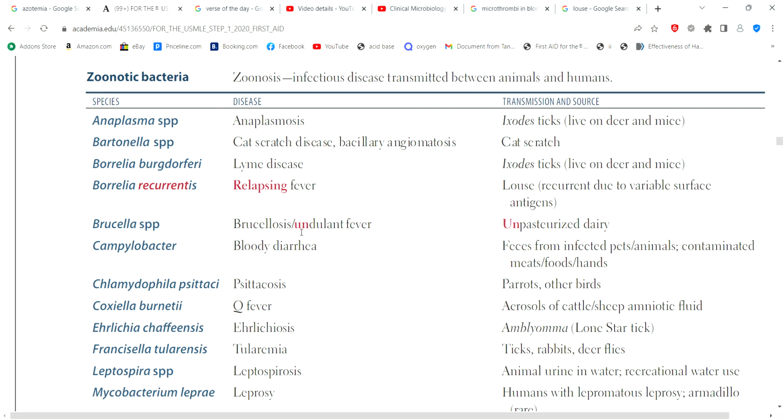Okay, undulant fever is rising and falling fever. Okay, Brucella causes brucellosis, and you get this by unpasteurized dairy.